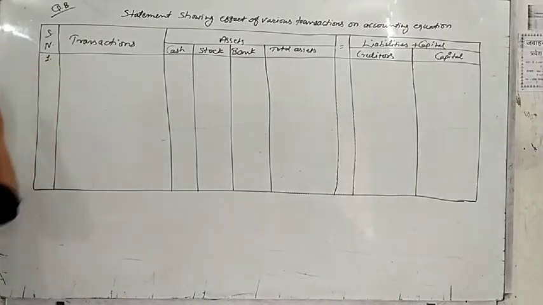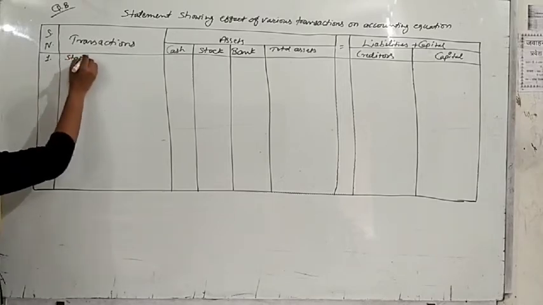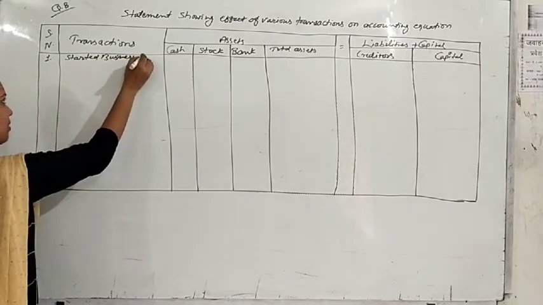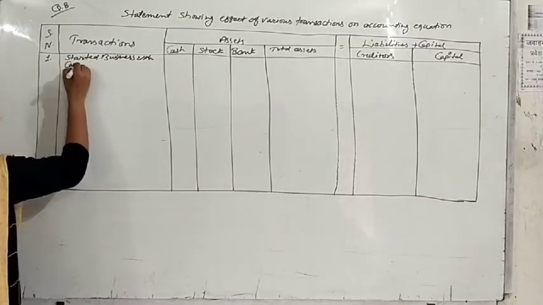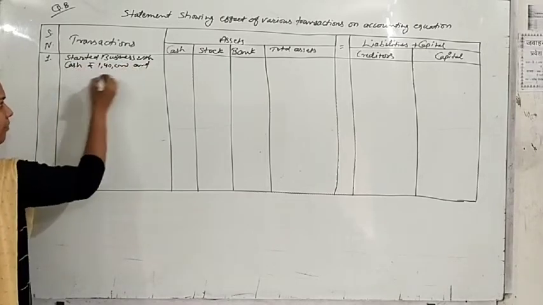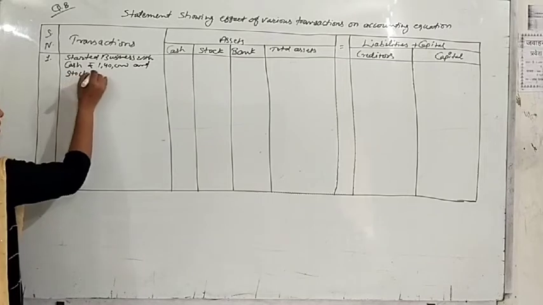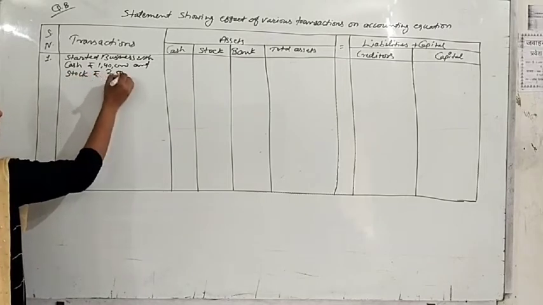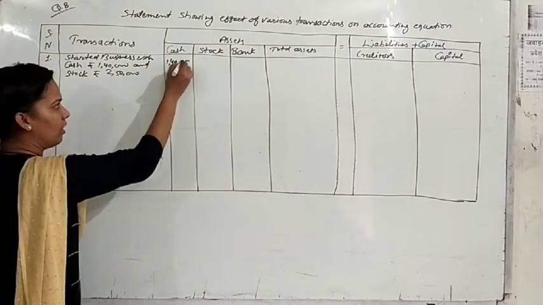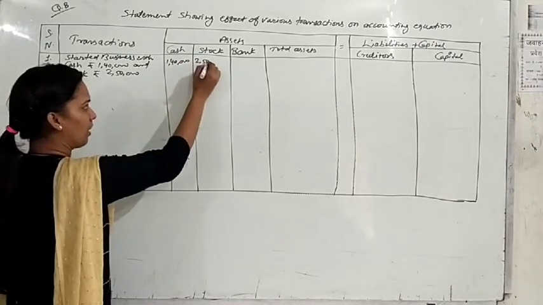Now the first transaction. Started business with cash rupees 1,40,000 and stock rupees 2,50,000. So first of all, write in the cash column 140, stock 250.